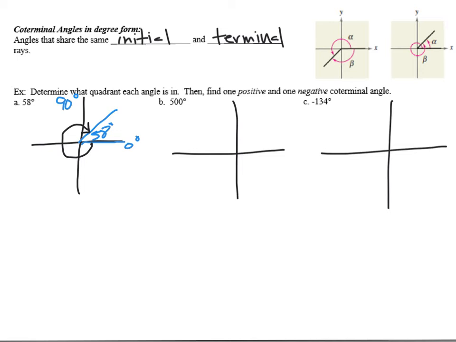So now I've got to put the pieces together right here. Here'd be negative 90 degrees. Here would be negative 180. Negative 270, right? So I'm expecting an answer even less than negative 270.